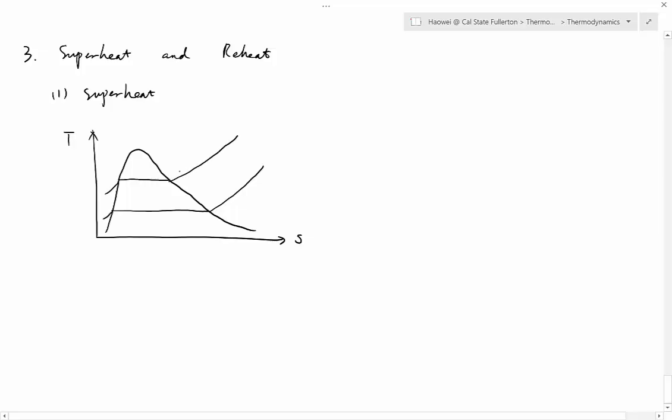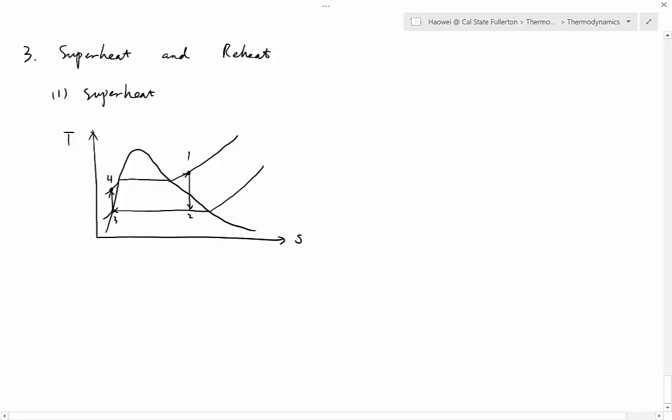And then we know usually number one, the outlet of the boiler, is usually superheated. 1 to 2 go straight down. 2 to 3 go to the left, and number 3 is usually F point. 3 to 4 go straight up, isentropic compression, and then 4 to 1 to the right.